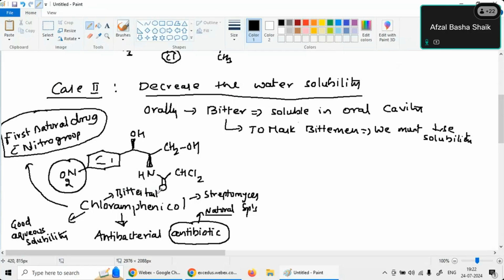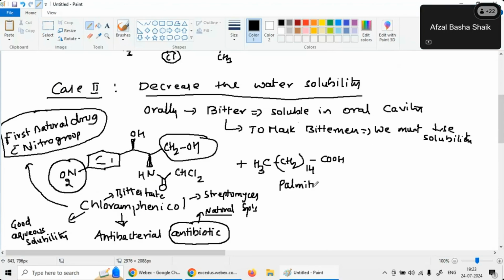Bitter taste. In order to overcome this bitter taste, this particular part of the molecule is treated with palmitic acid. So what is palmitic acid? CH3, CH2 with 14 carbon atoms, and COOH. This is palmitic acid.